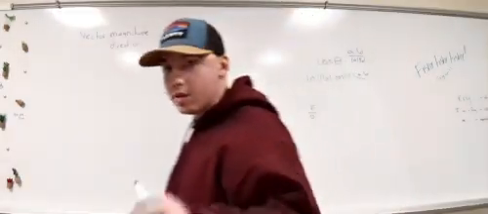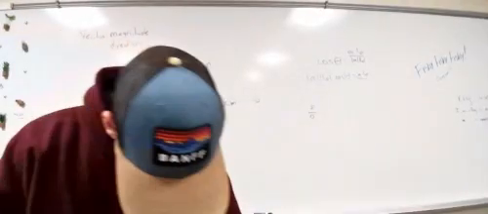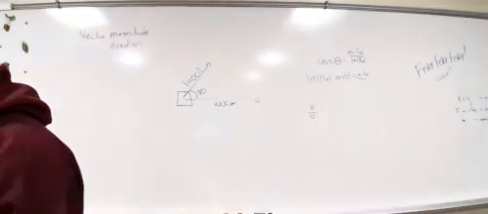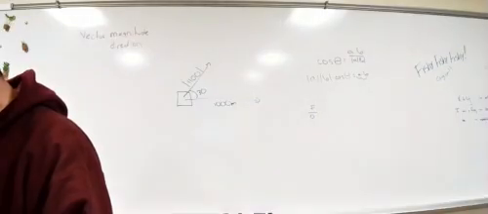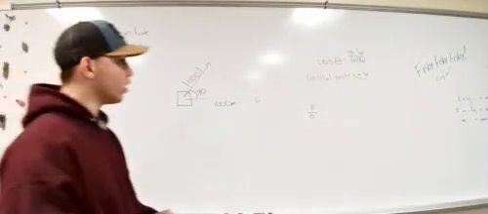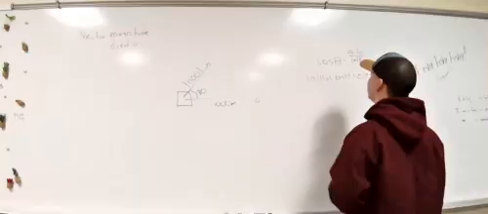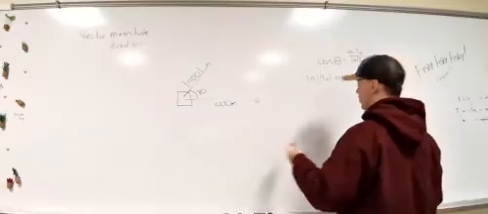Let me check my notes just real quick. Oh yeah, so you just have to multiply by the... We already have our formula right here. Magnitude, magnitude. We have two magnitudes right here, so it's already set.